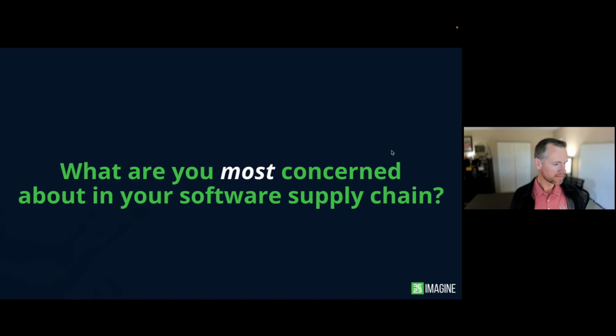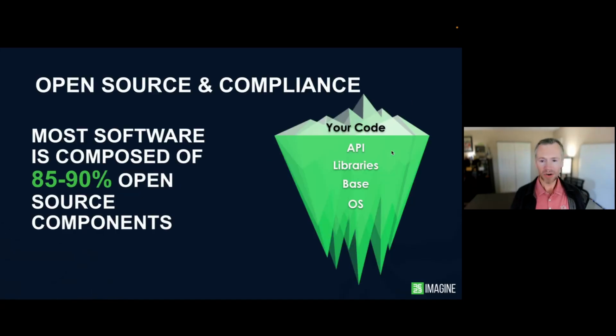So, open source software is what I've consistently seen as people's most worrisome aspect of the software supply chain. The reason for that is that most software is comprised of 85 to 90% open source components.